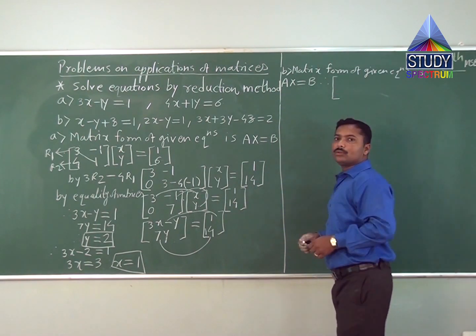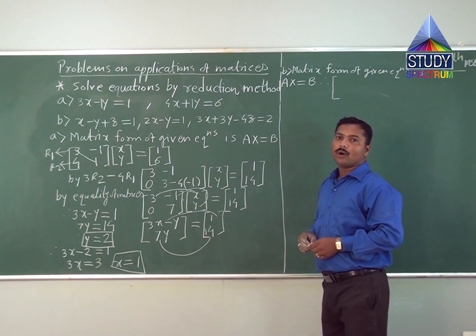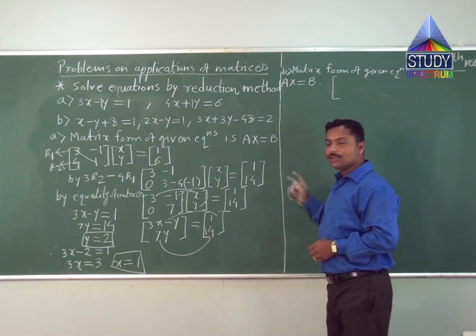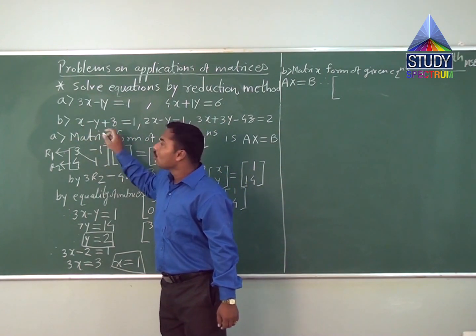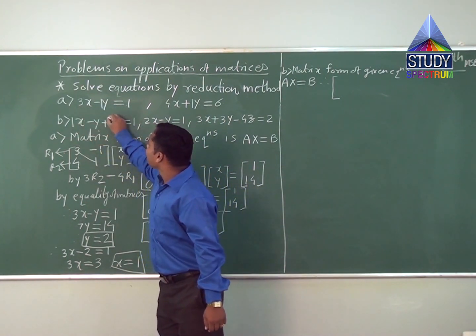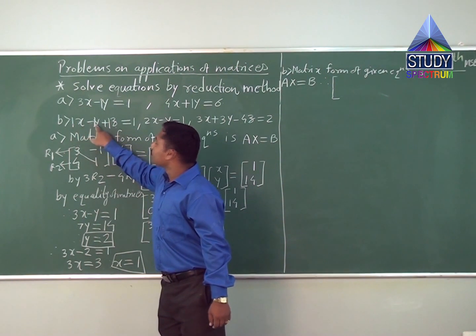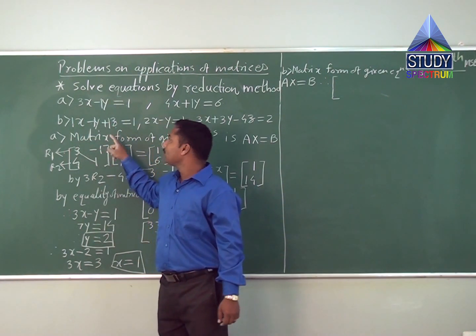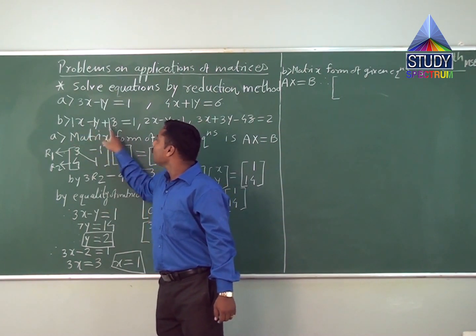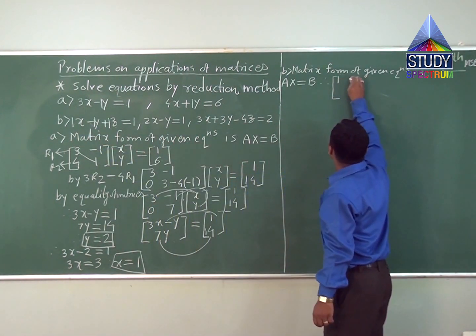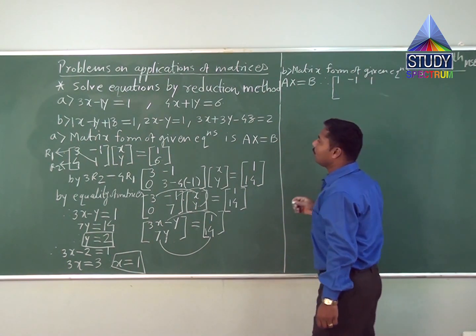A is nothing but the coefficient matrix of the unknowns x, y, z. So what are the coefficients of x, y, z? 1, -1, 1. Keep in mind that the minus sign is also taken.